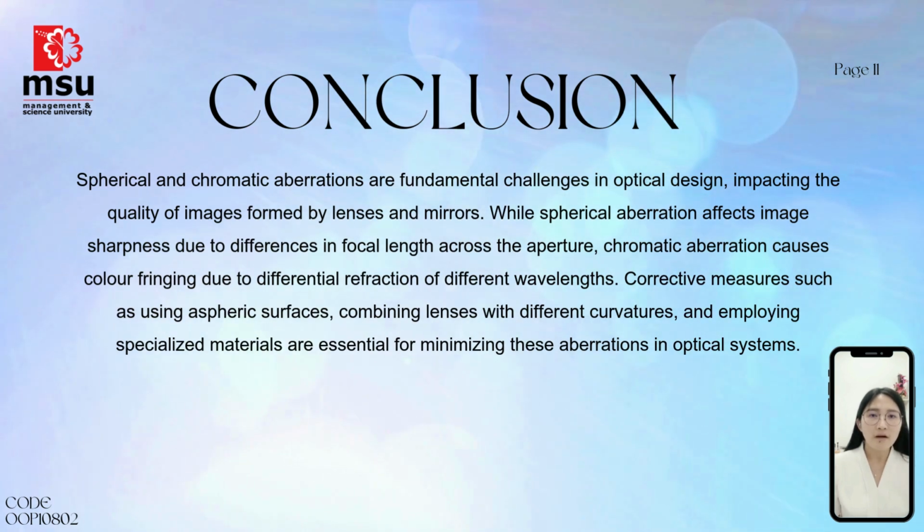Conversely, chromatic aberrations introduce color fringing due to the varying refraction of different color wavelengths. Corrective measures such as using aspherical surfaces, combining lenses with different curvatures, and employing specialized materials are essential for minimizing these aberrations in optical systems.